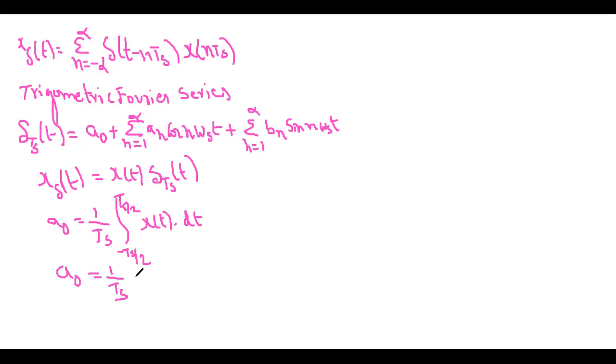At t equal to 0, the delta of t value is 1. Delta of t is 1.